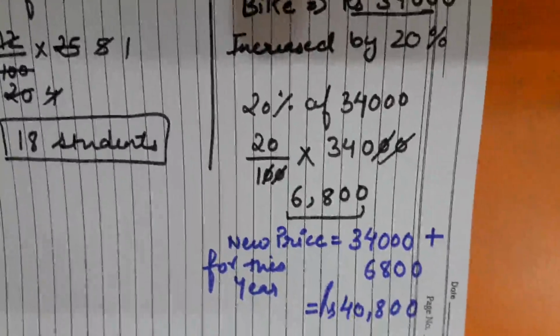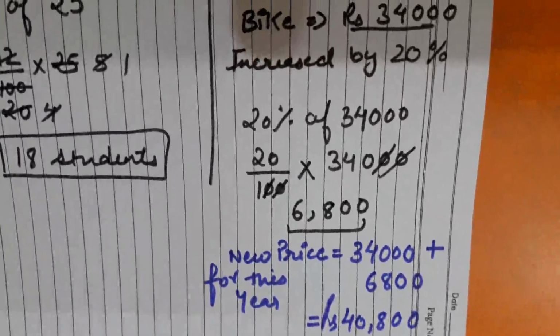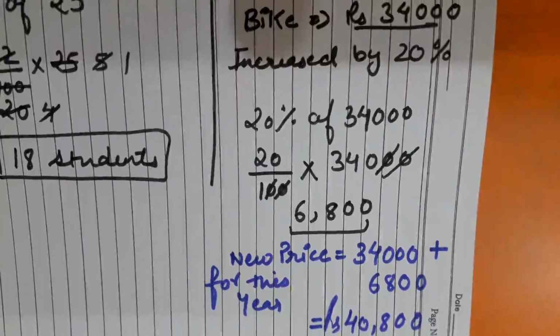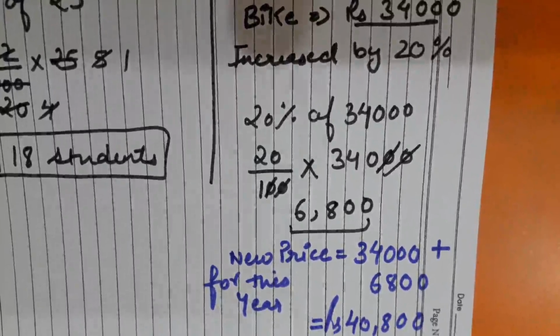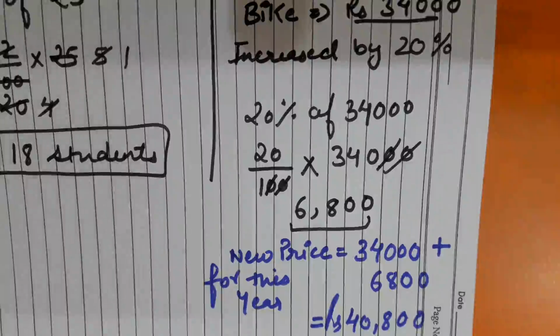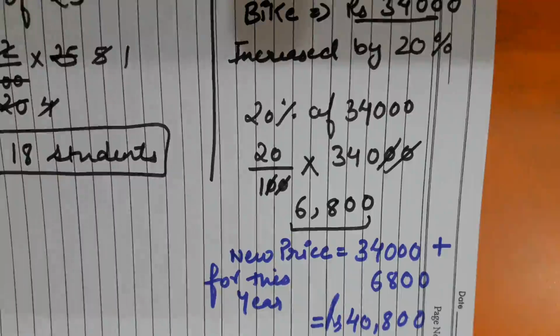This is called increment and decrement percentage. Sometimes in your question the current price is given and the question says that by this much percentage in the next year it will be increased or decreased. If it is decreased, you have to subtract from the original price, and if it is increased, you have to add to the original price.